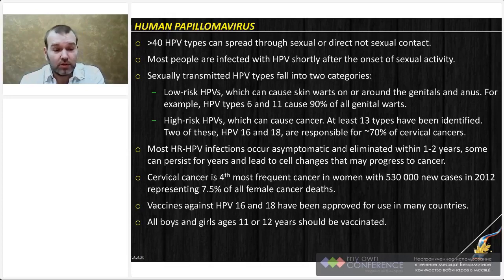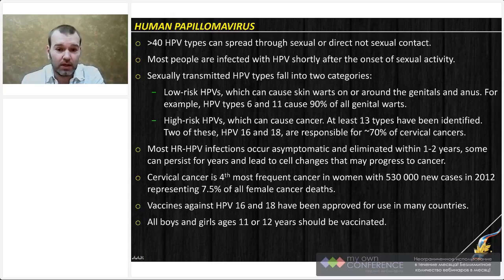If you talk about viruses which are transmitted sexually, usually they're classified into two categories: low-risk oncogenic viruses and high-risk oncogenic viruses, or low-risk HPVs and high-risk HPVs. Low-risk viruses usually cause simple skin warts, which are absolutely familiar to you.